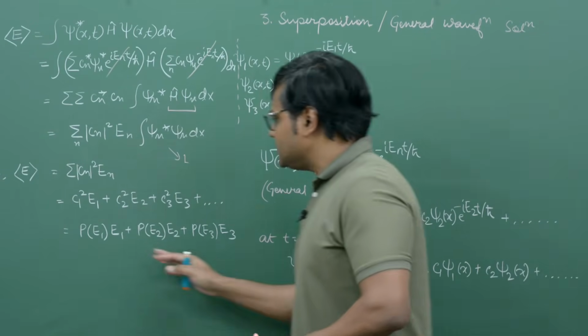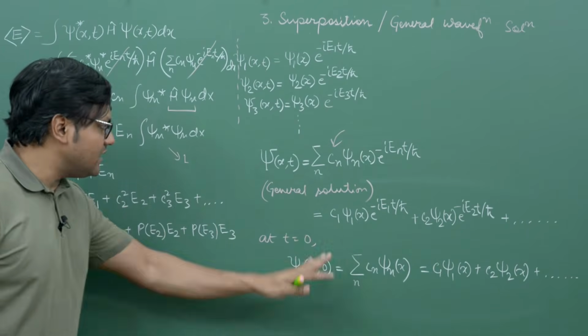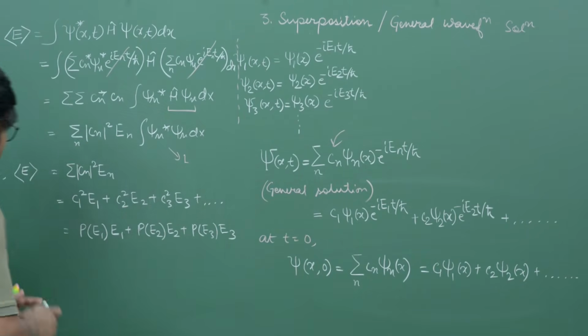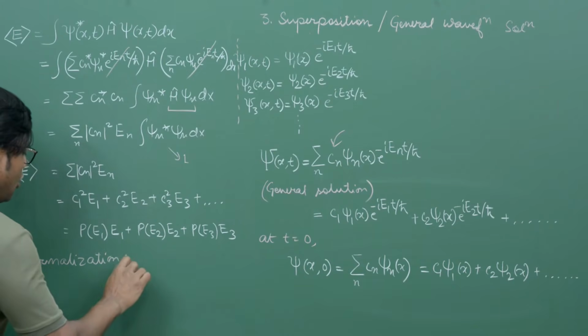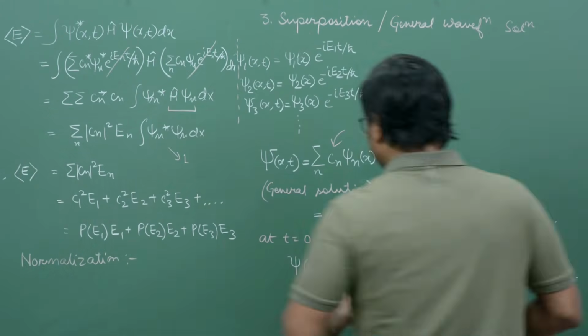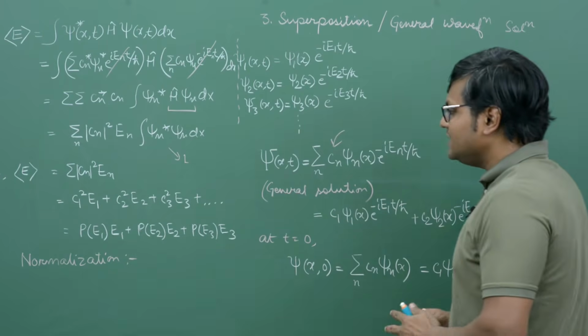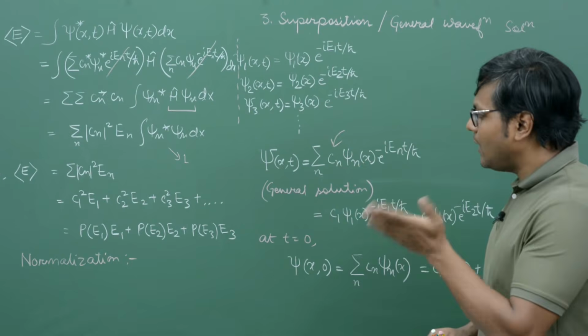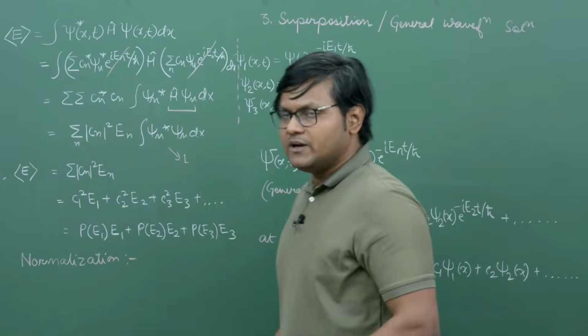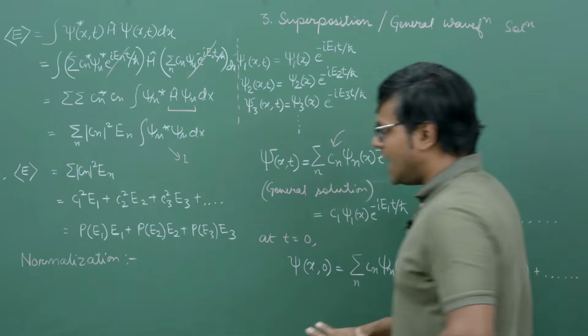Now keep in mind that we have to ensure a couple of things here. First of all, this is only true if the overall generalized wave function solution is normalized. So again, normalization is everywhere. We must impose normalization on the general wave function solution. Normalization simply means that all these probabilities add up to 1. The total probability that if I make any measurement, I will get some energy level, all adds up to 1.